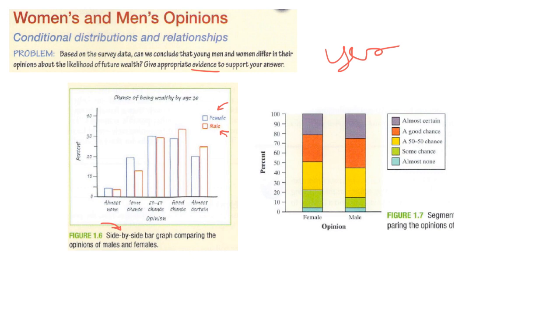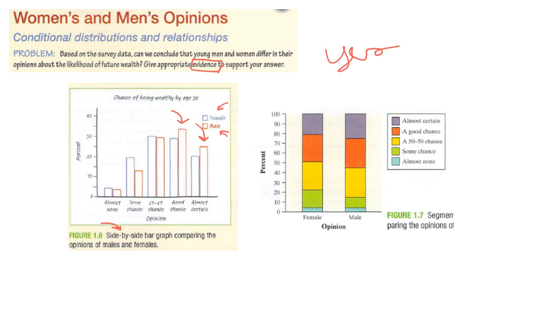Our evidence would be that males seem to have a higher opinion of their ability to be rich by the age of 30. There's a higher percentage of males that believe they have a good chance and an almost certain chance than females. When asked to give evidence, just saying higher isn't enough.